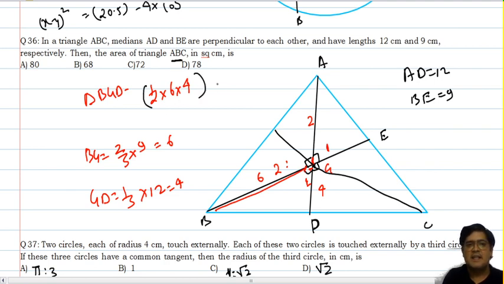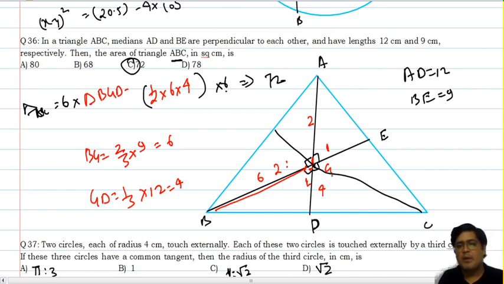So making it 6 times further is the answer to our problem, area of triangle ABC. So 6 cancelled by 2 is 3. 24 into 3, 72 is the answer. Again, what did we apply? Property of centroid. Centroid divides the median always in 2:1. The longer length is towards the vertices.